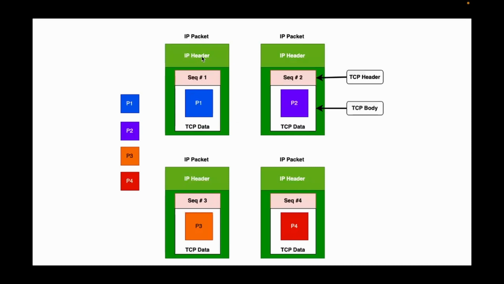The IP packet contains the IP address where this data will be delivered, and they don't care about what is inside it. When this data is delivered, the TCP protocol will assemble all these packets, extract the data and convert it back to the HTTP packet, and then hand it over to the server or to the browser. So this is TCP header, this is TCP body, this is IP header, this is IP body.